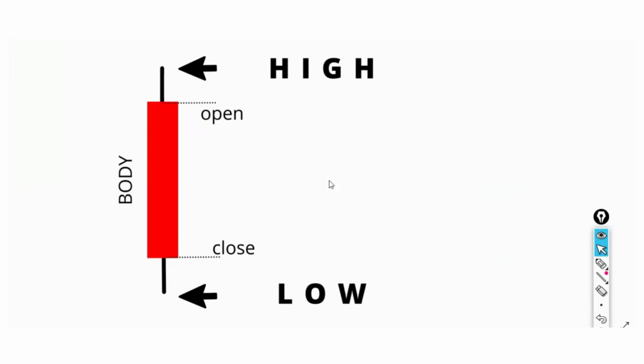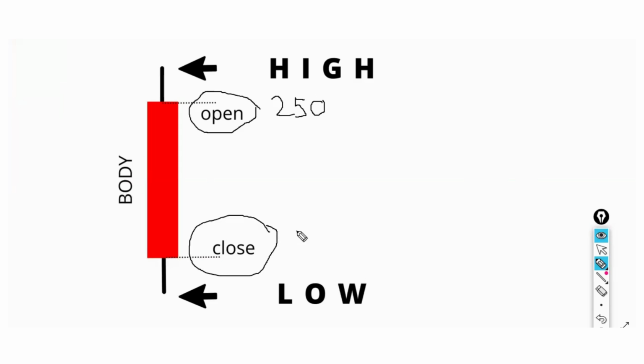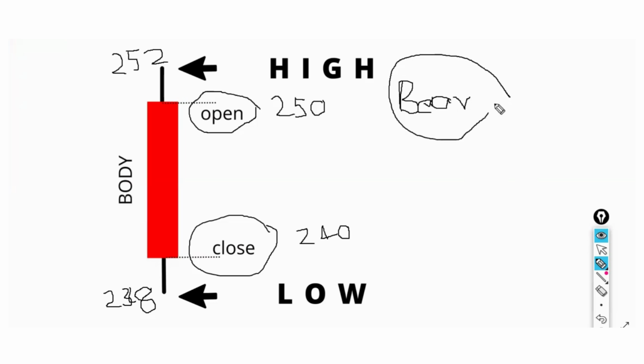Now, as I told you, if the market opens at 250 and it closes at 240, after opening, immediately the price will go to 252 and the price here may come to 238. So this is a bearish scenario.